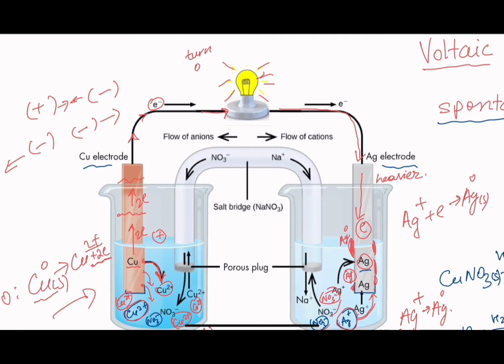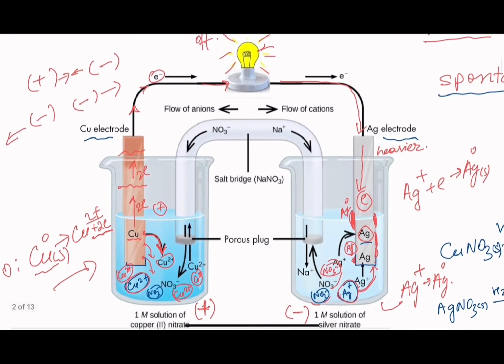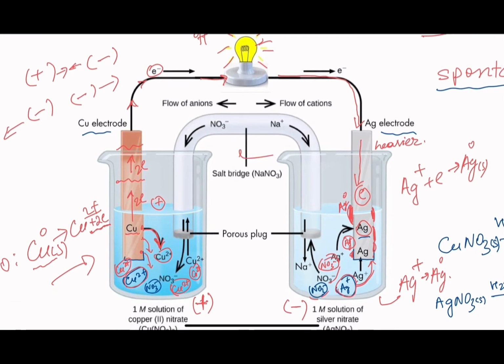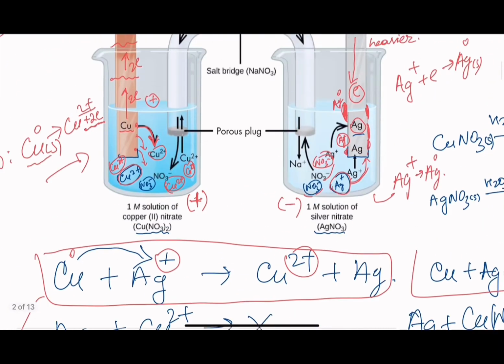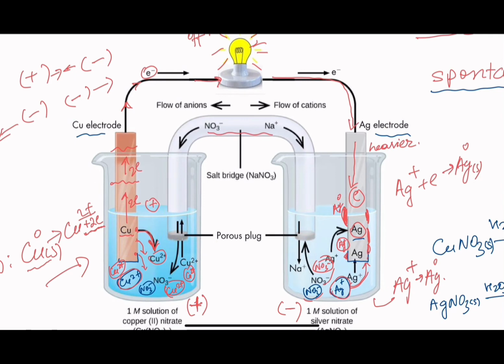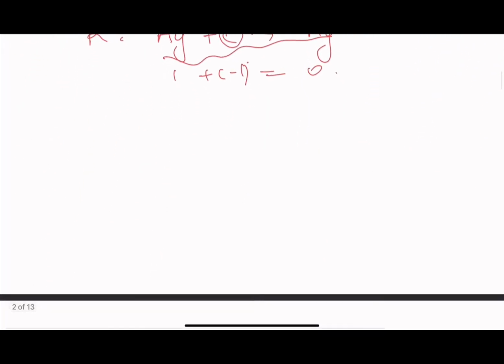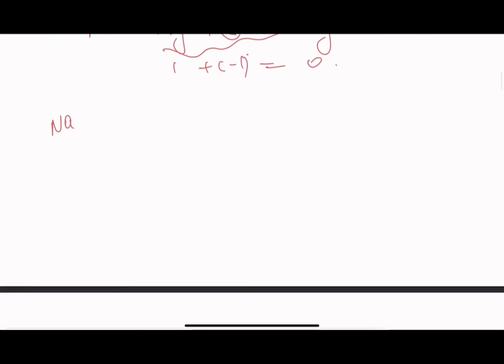Okay, so how can we balance this? The way we can do it is with a salt bridge, which is another solution. Over here we have sodium nitrate. So let's say I had sodium nitrate. This is a salt. Another one is sodium chloride, the table salt we have at home.